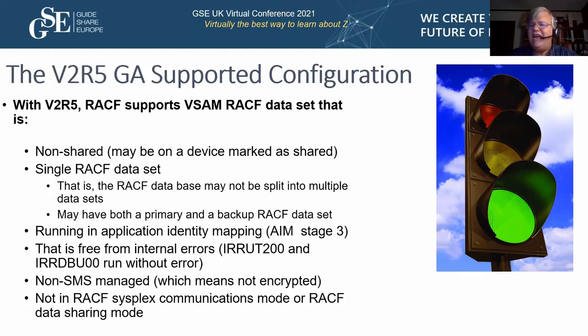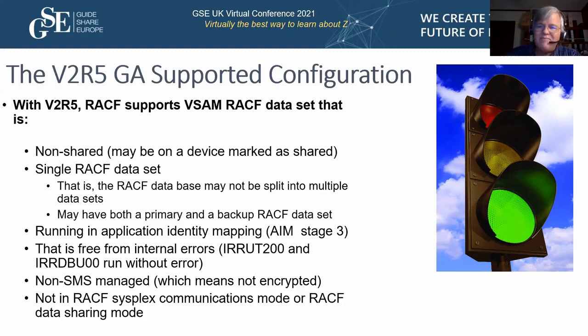Alias index mapping was a way for RACF to use as its key to find entries in the index something other than the profile class and profile name. That's really the key that's used in the traditional RACF lookup when it goes to the RACF database. But if you wanted to use something else, like a UID or a GID, you should be using this application identity mapping support.